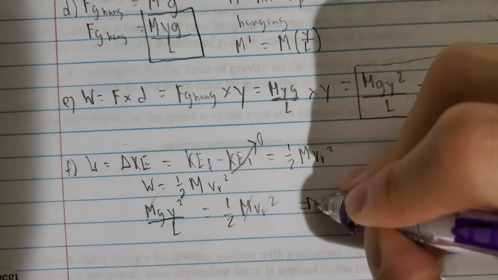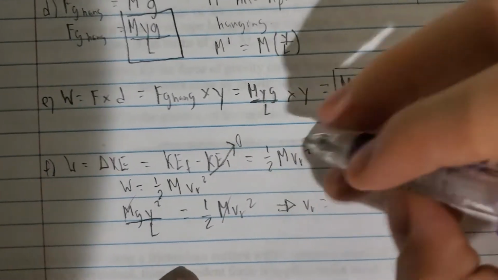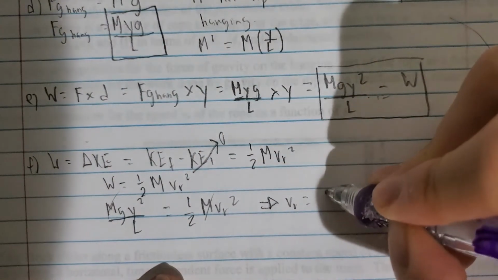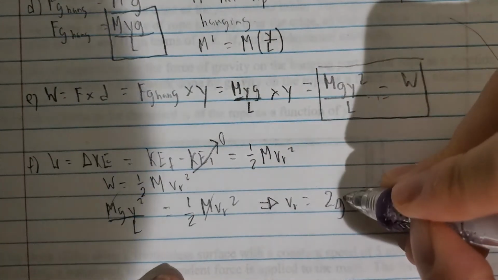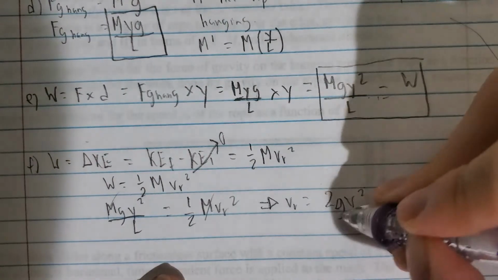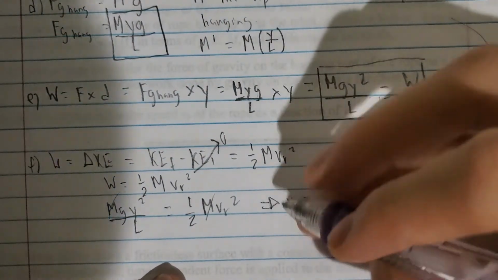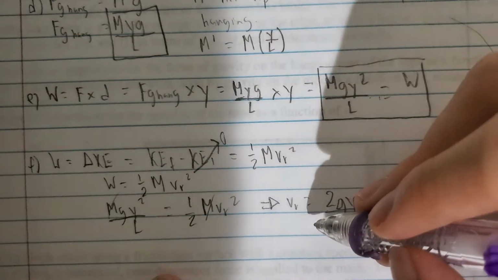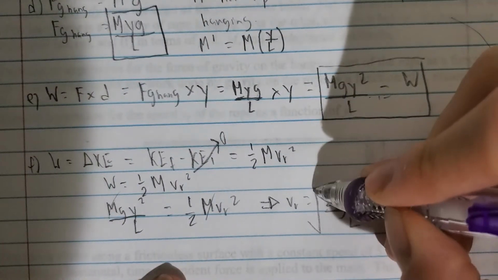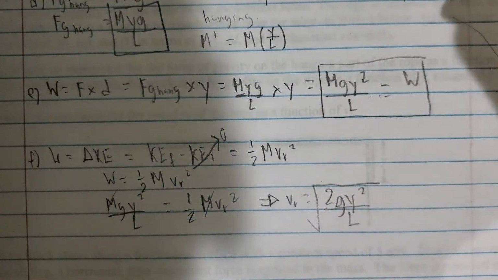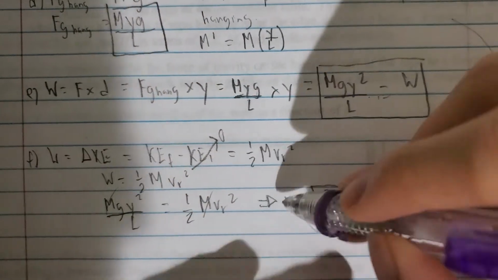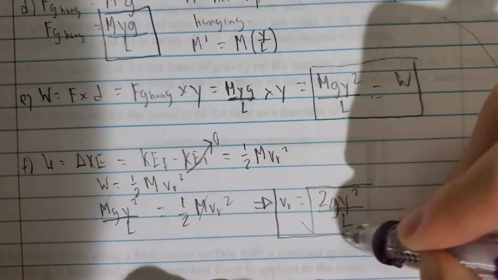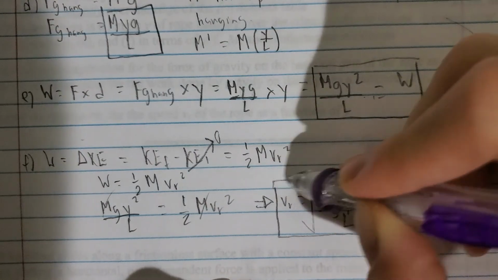So Vr is going to be equal to the square root of 2 times g times y squared, divided by L. That is my equation for Vr, and we're done.